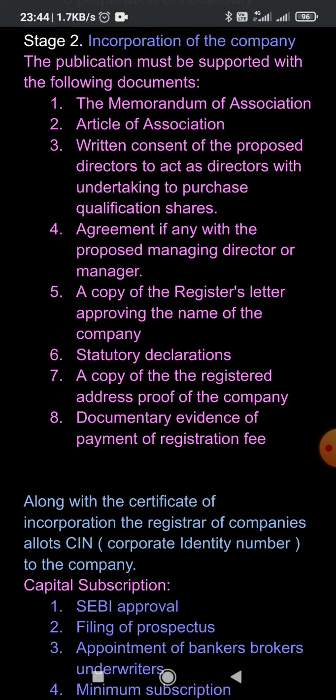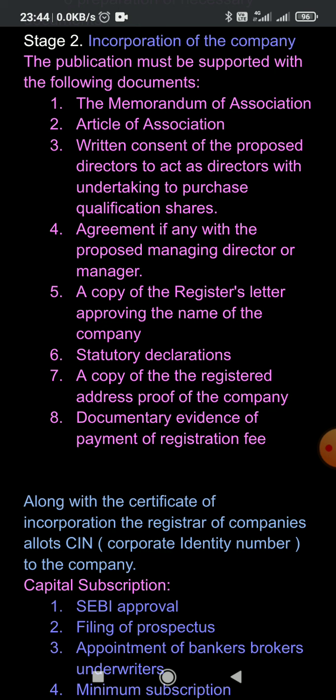After this, a copy of the registered address proof of the company. The promoter has to submit these before the registrar of the company along with the application for incorporation, and then documentary evidence of payment of registration fee. So one by one we will discuss today.